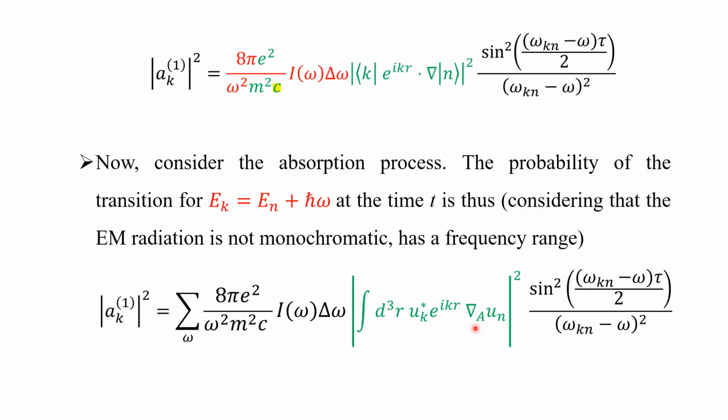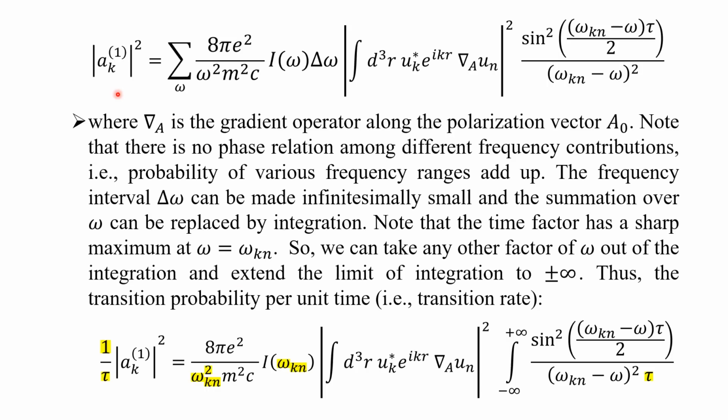It indicates the propagation is along the direction of a, that is the vector potential, and psi n will become un. This green color font is nothing but the Dirac notation changed into integral form. That's what I have done here, nothing else. And the sine term will remain as it is. Finally, we got this expression for the square of the probability amplitude.